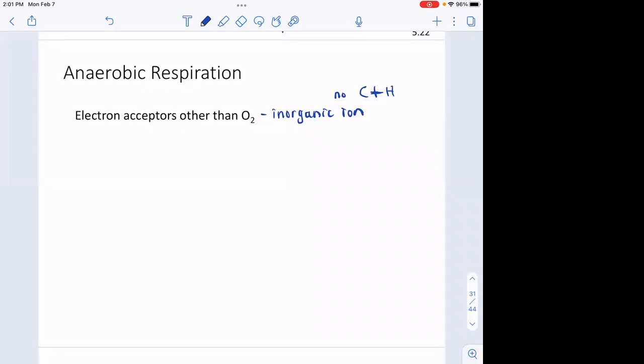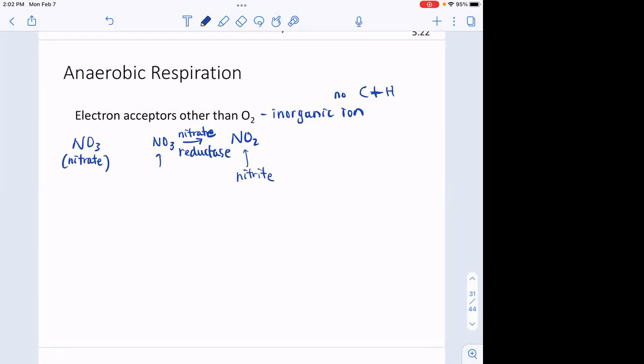So what are some examples of things that can be a final electron acceptor? Nitrates. If organisms have the enzyme nitrate reductase, they can reduce nitrates to nitrite. Again, this is nitrate here, and this one is nitrite.